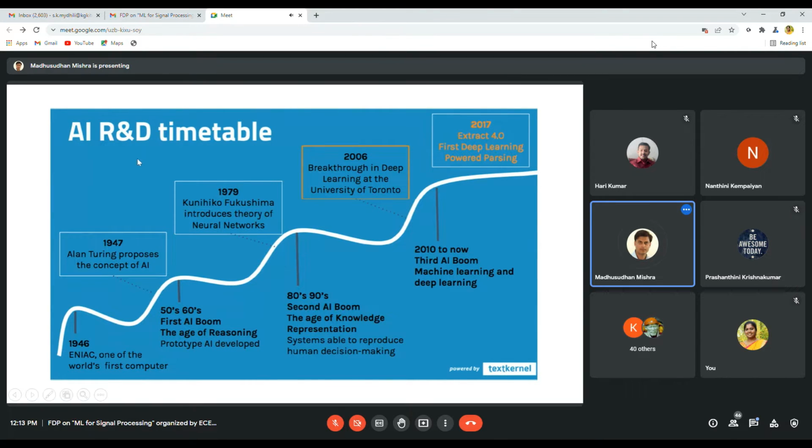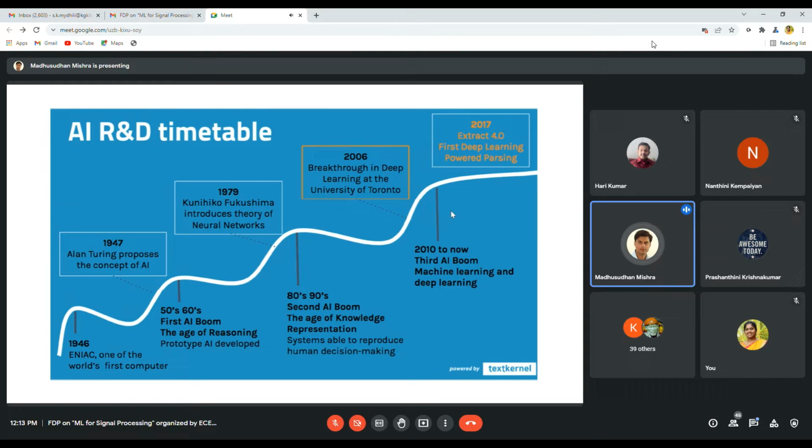Then in 2006, there was a breakthrough in deep learning at the University of Toronto. From 2010 onwards, we find the third AI boom, which mainly spans the area of machine learning, followed by deep learning.